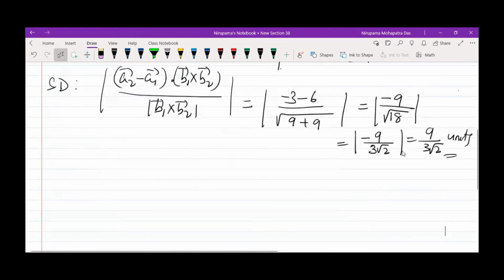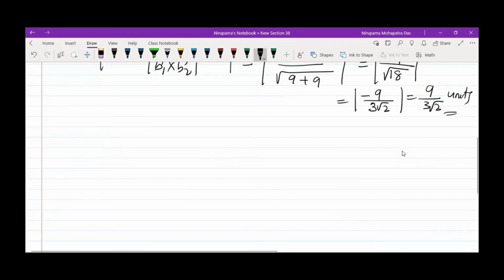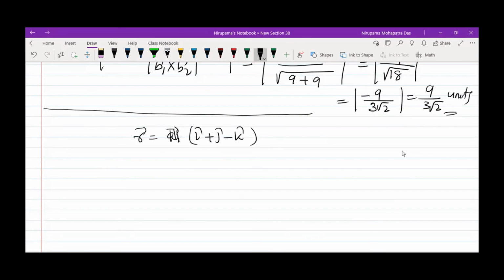And similarly, in case the lines are parallel, you can find it, but how to identify that the lines are parallel? So you may have a line like r equal to i plus j minus k plus lambda times (3i minus j plus k).